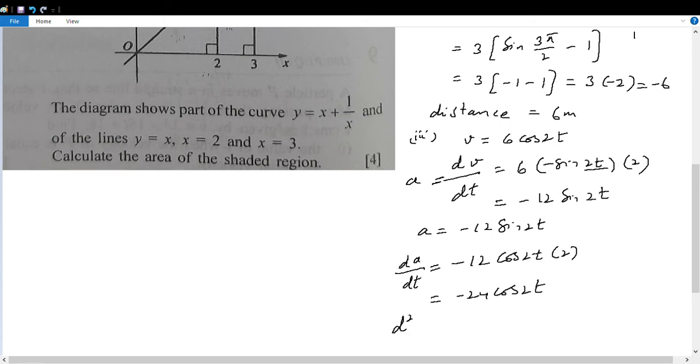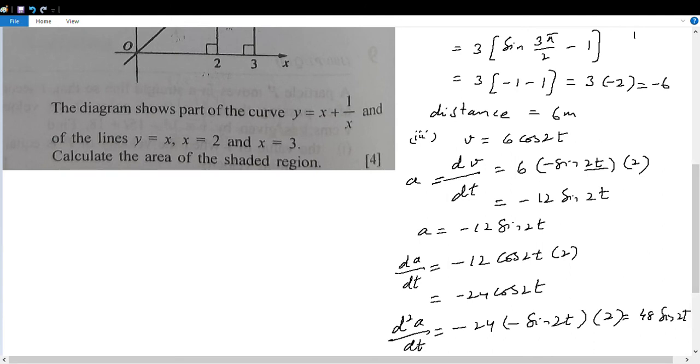So d square a over dt square is equal to minus 24, minus into minus is plus, because the derivative of cos has a negative sign, so minus sine 2t and then 2, so it will turn to positive 48 sine 2t. So the double derivative we are getting is positive 48 sine 2t.